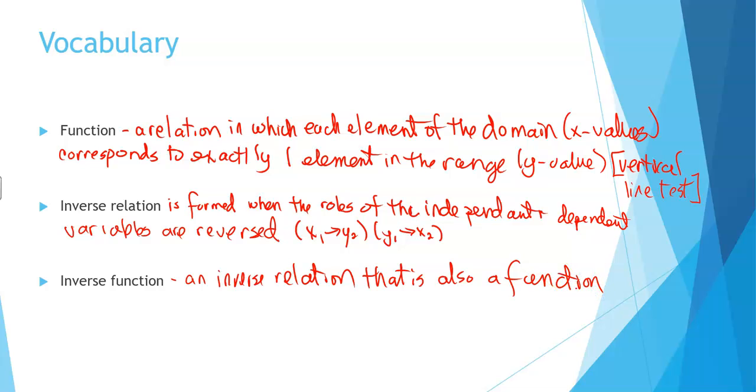So the way we denote it, we do f to the -1 of x. That's my inverse function. This is the inverse function of f of x. So anytime you see the -1, that's talking about the inverse function.